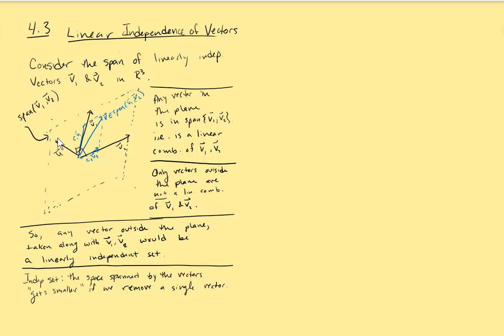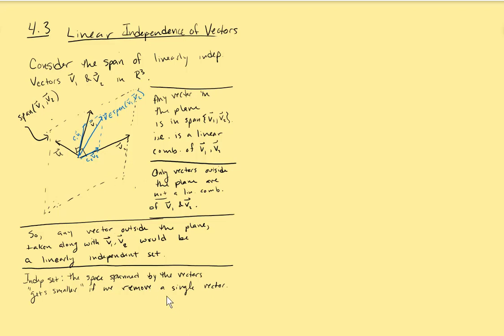So having that third vector outside of the plane defined by v1 and v2 makes the space that we can span bigger. If I get rid of any one of those three linearly independent vectors, the ones I have in black here, the space I can span by the remaining ones gets smaller. It goes from 3D space down to a plane, for example.